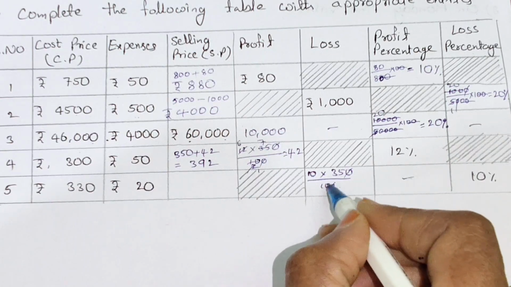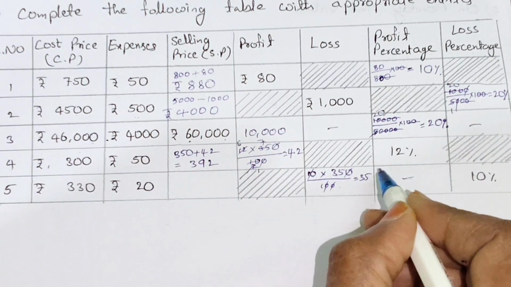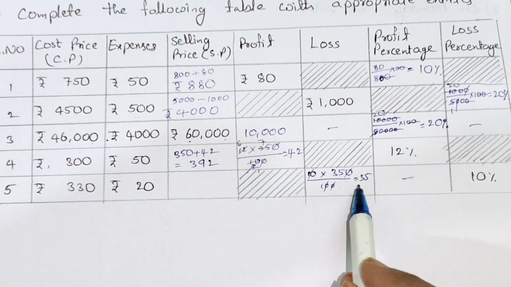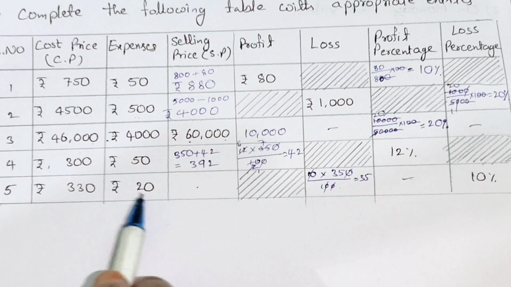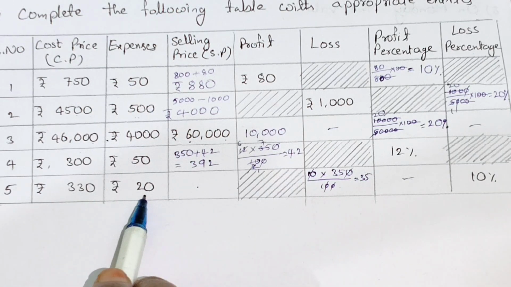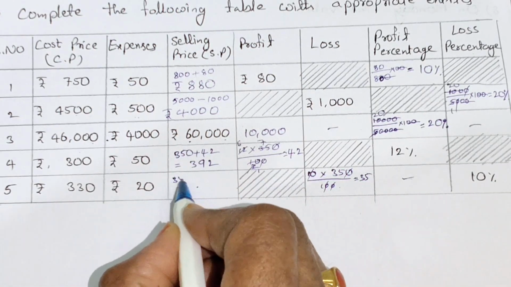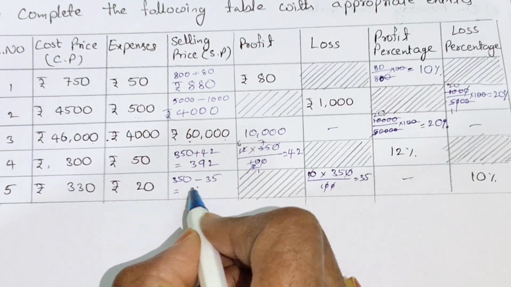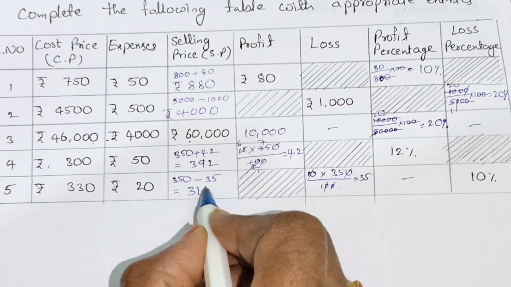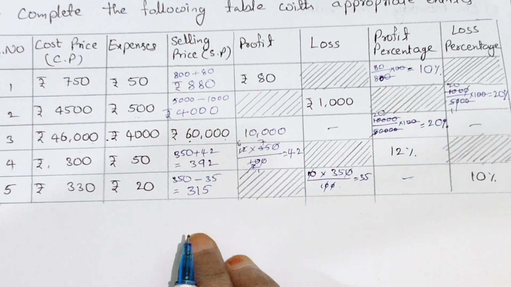The zero gets cancelled. 35 rupees is the loss. Now we find the selling price. Total 350, that is 330 plus expenses 20. 350 minus the loss 35 equals the selling price. Selling price is 315.